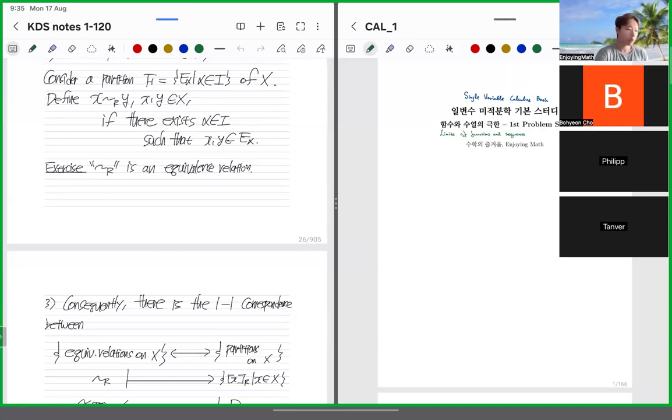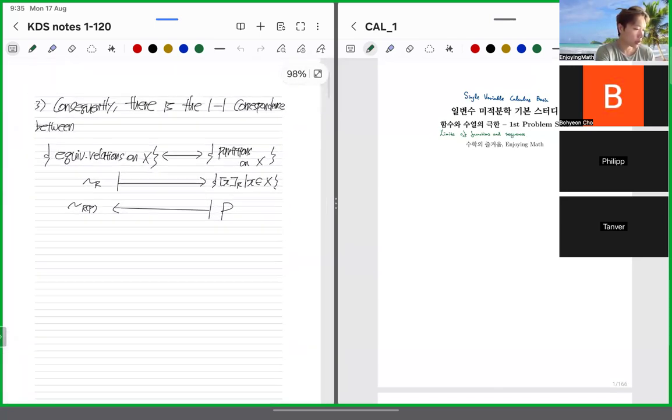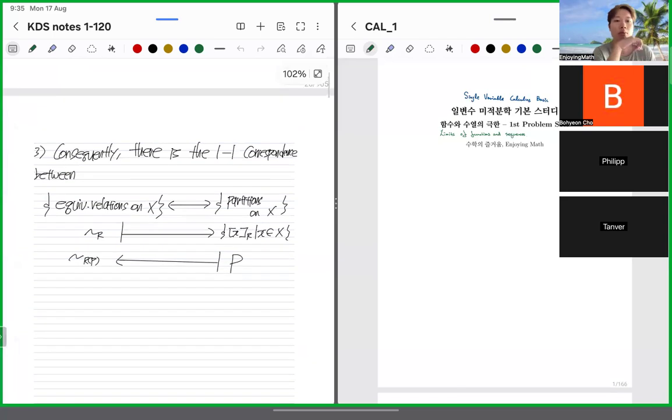Okay, I think we can conclude our note then. We have a one-to-one correspondence, maybe even a bijective mapping. Equivalence relations on X is a partition.